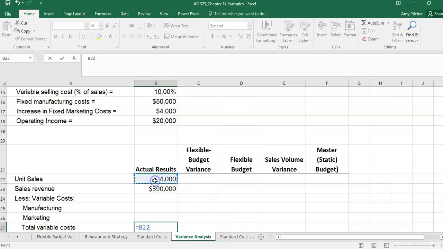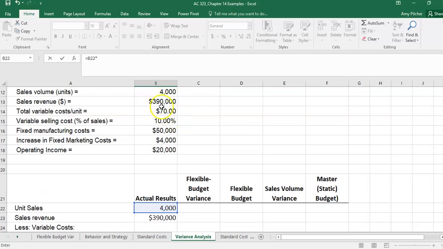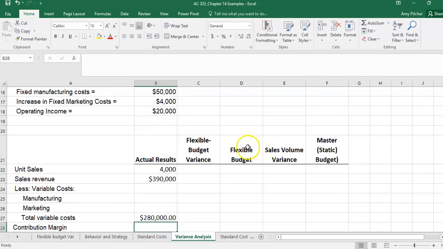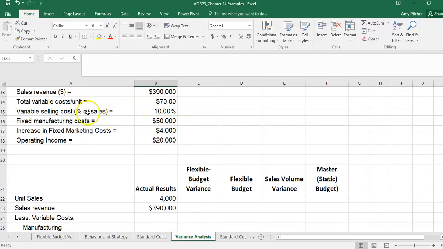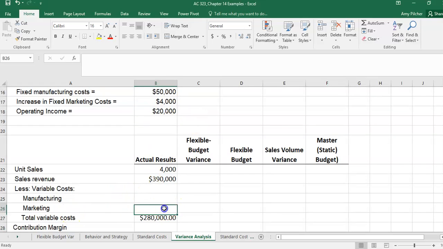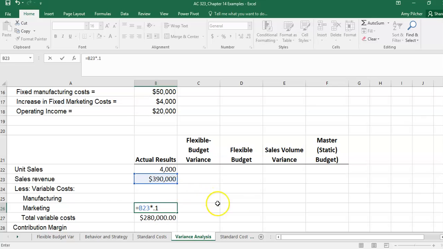So we would take 4,000 units times $70 per unit. So that's our total variable cost. Then what we have is that the variable selling costs or variable marketing costs are 10% of sales. So our marketing costs are our sales times 10%.